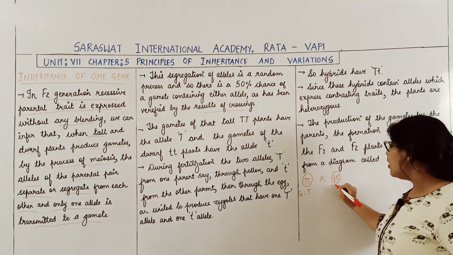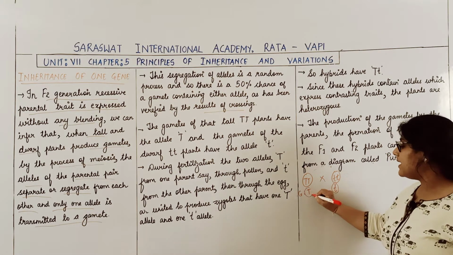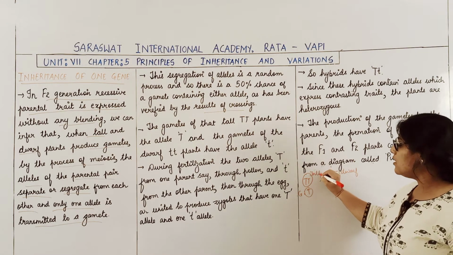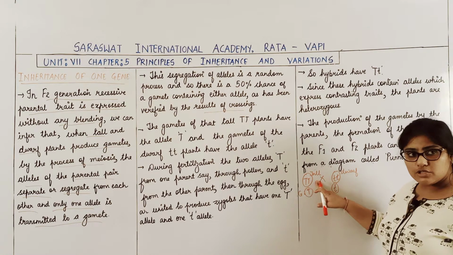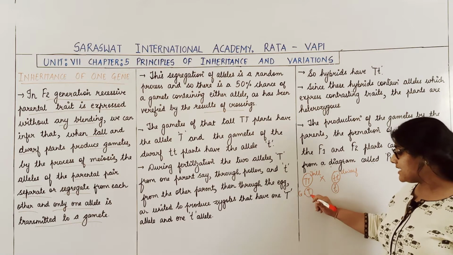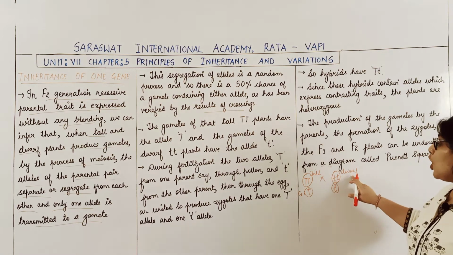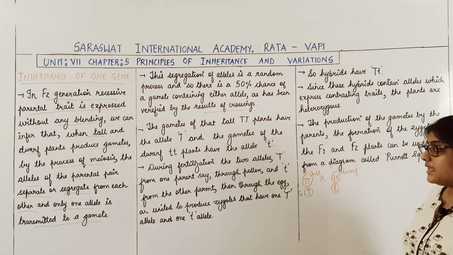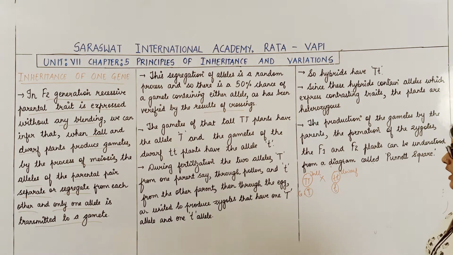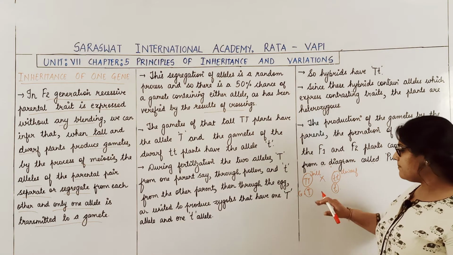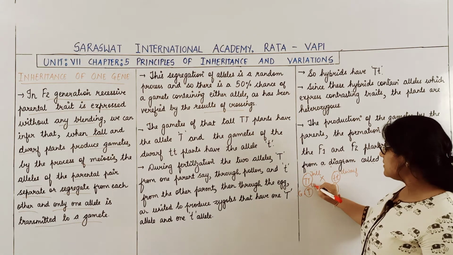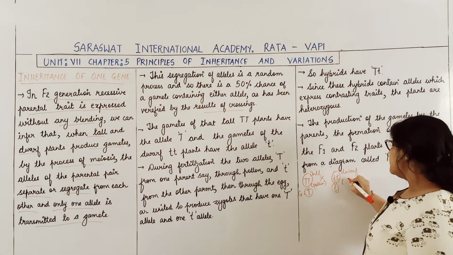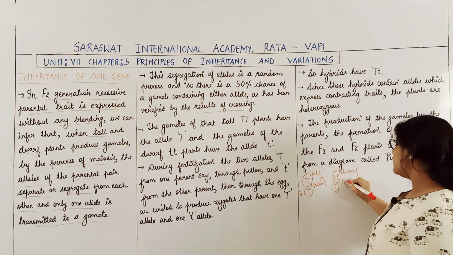And all the gametes produced by the dwarf plant, this is a dwarf plant, this is a tall plant, all the gametes produced by the tall plants will contain the allele capital T. All the gametes produced by the dwarf plants will contain the allele small t. So now, say for example, the tall plant is a male plant and the dwarf plant is a female plant.